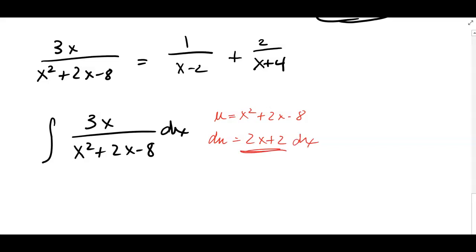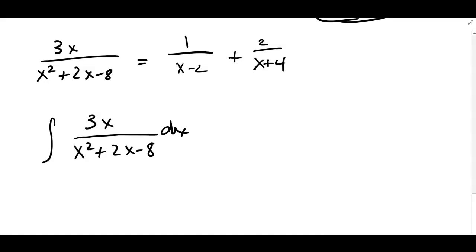There's no way you can get a 2x plus 2 from a 3x. You can get the 2 by multiplying by 2/3, and then multiplying out here by 3/2. That part's fine. But you can't add a 2 and subtract a 2 to balance it out. Doesn't work with a u sub. So u sub does not work on this particular problem. Or if it does, it gets much more complicated.